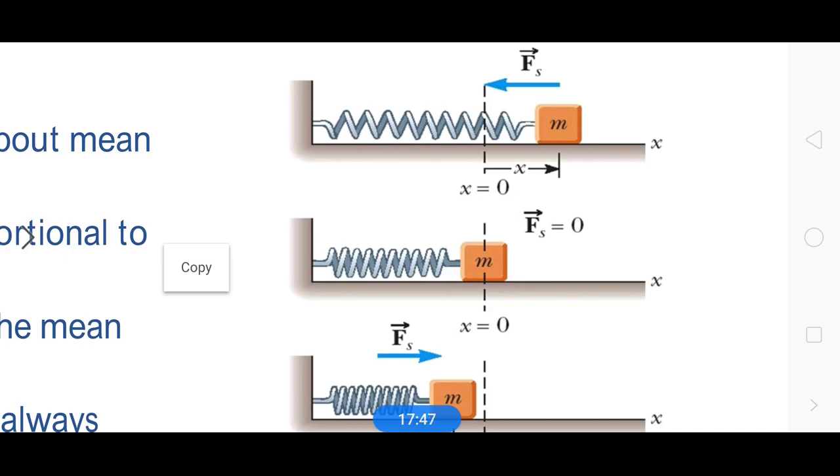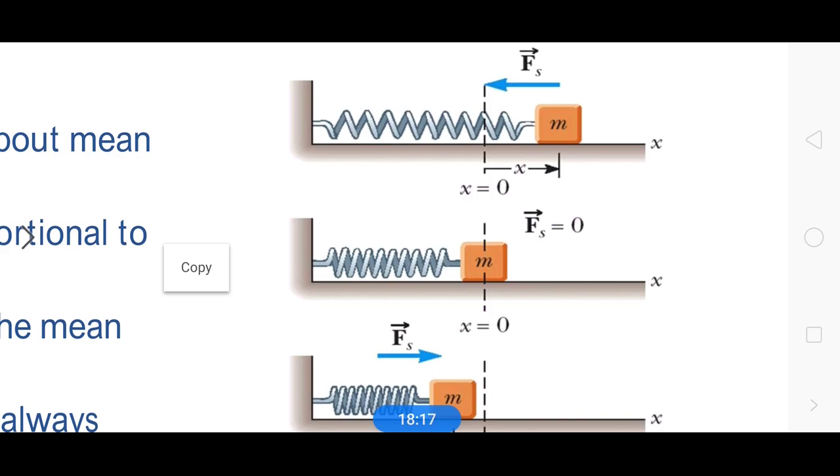It tries to get its original size and shape. That is the purpose of the restoring forces for every body. So the motion is periodic, and the restoring force always acts towards the mean position. Two conditions are satisfied by this loaded spring.